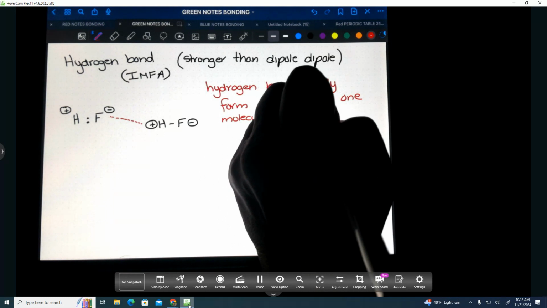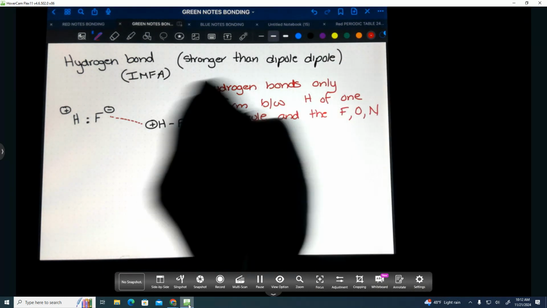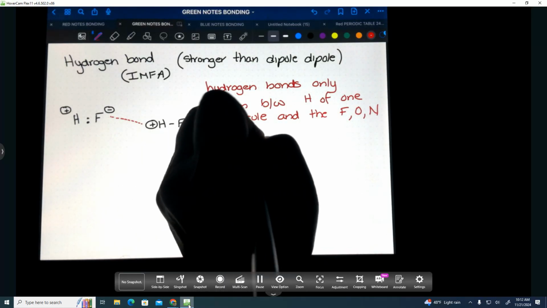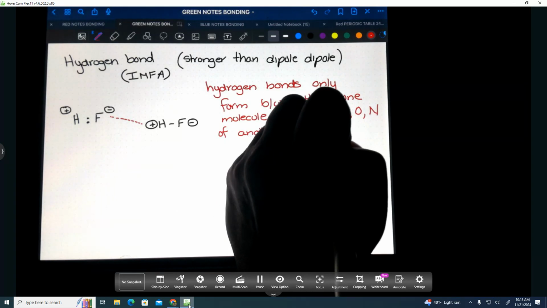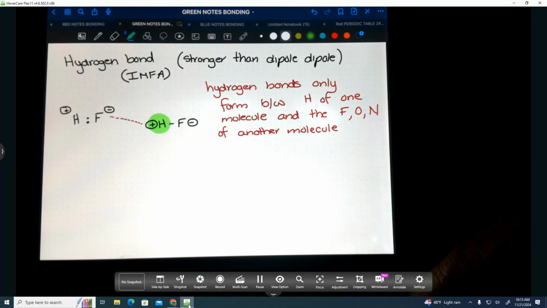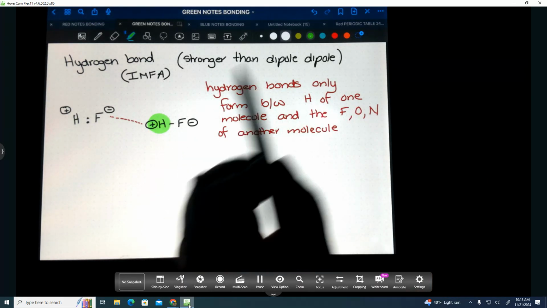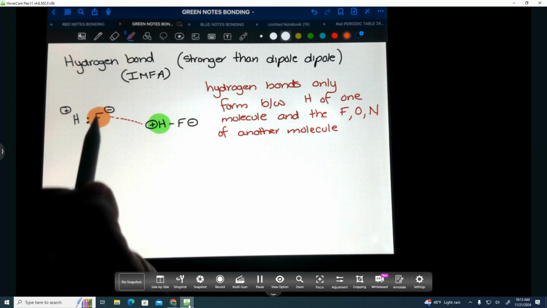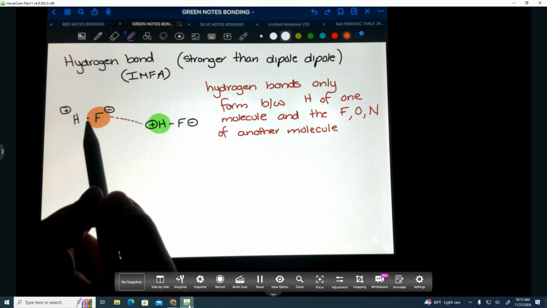And the fluorine, oxygen, or nitrogen of another molecule. So do you see how the hydrogen here, the hydrogen of one molecule, that's the hydrogen of this molecule, is attracted to the fluorine of this molecule?